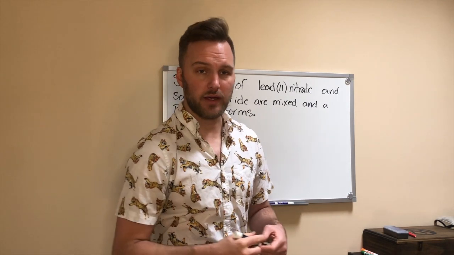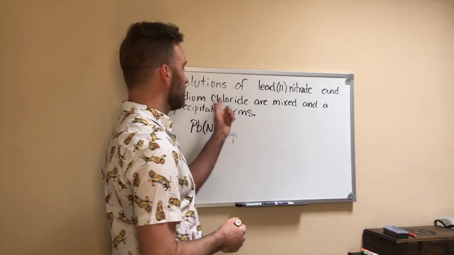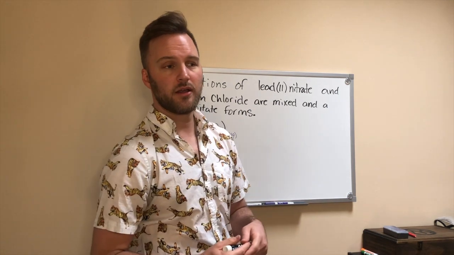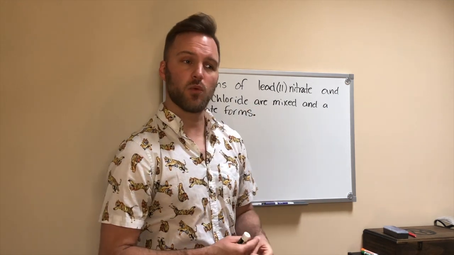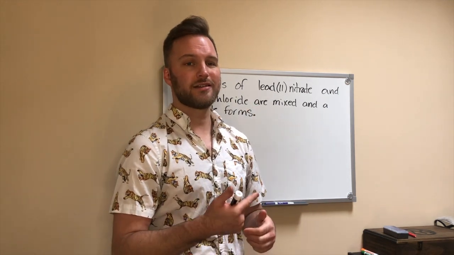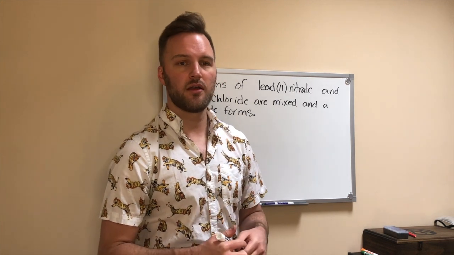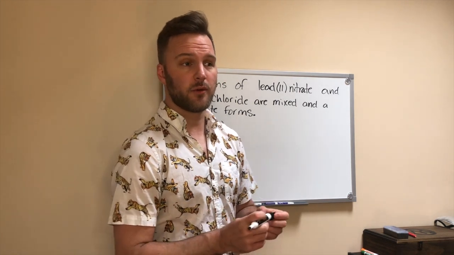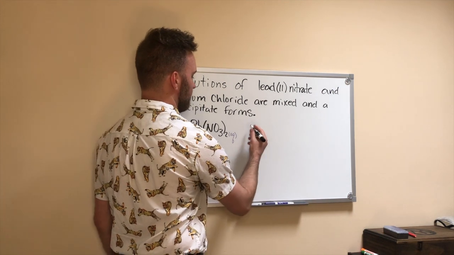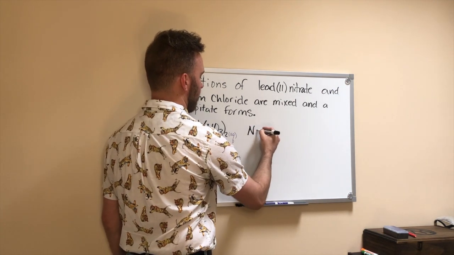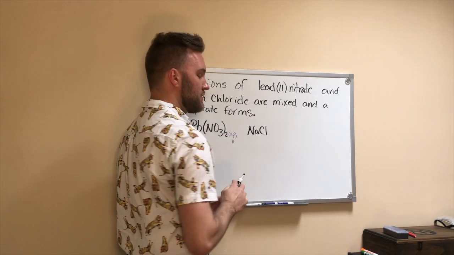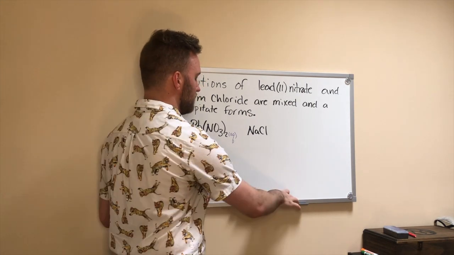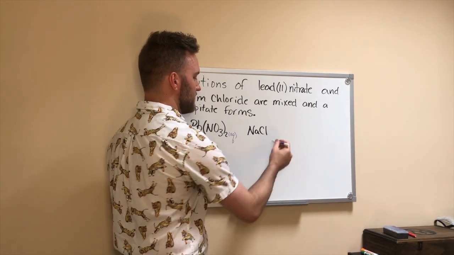It reacts with sodium chloride, a familiar compound. Sodium is the metal, it's +1. Chlorine is the nonmetal, it's -1. So to simply write the formula, we have NaCl. It's also in solution, so we can also use the little subscript aq.